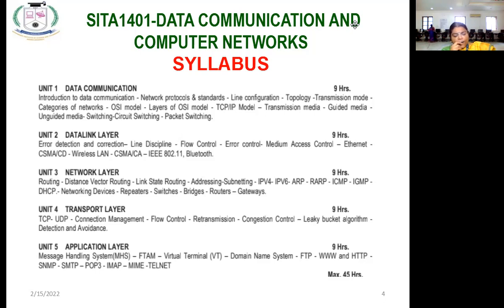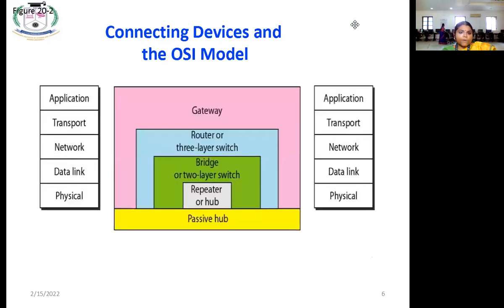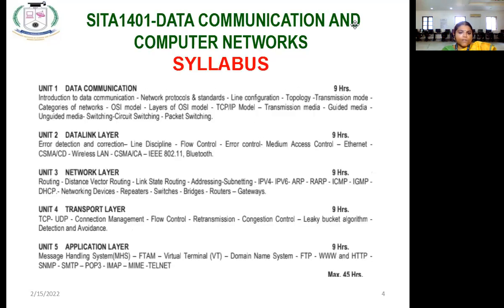So what is this network layer all about? What is the main responsibility of this network layer? I will give you an introduction about it. The physical layer is responsible for carrying your raw data, which could be in the form of signals.